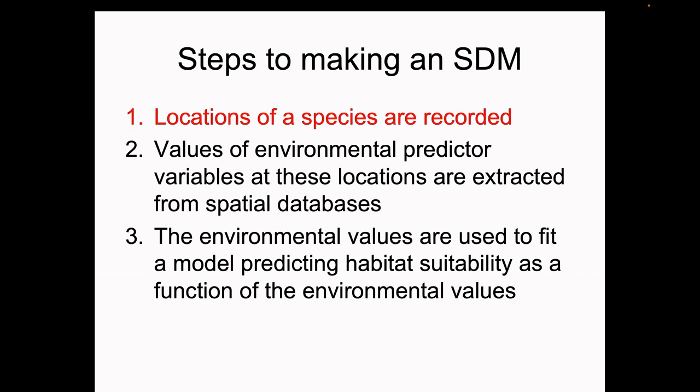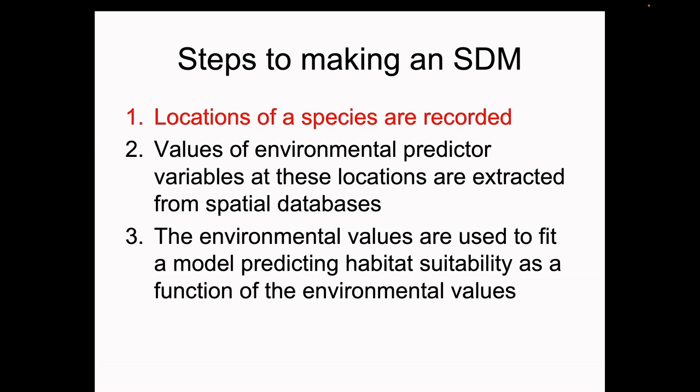You make an equation relating how many of the species are found in different kinds of habitats. You make an equation relating how good different habitats are for the suitability of a species. And then there's a fourth step, which we'll talk about a little while later.